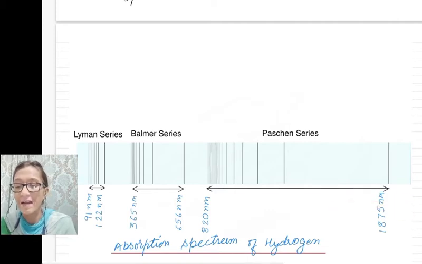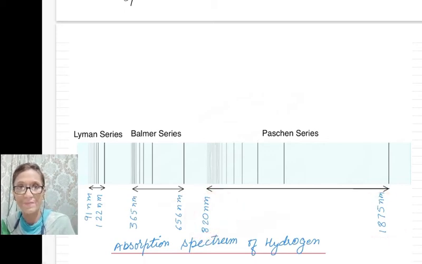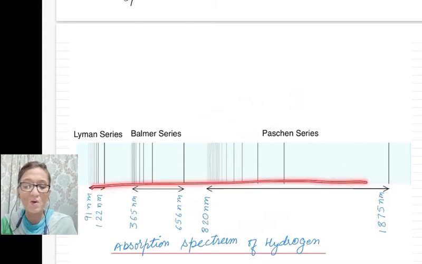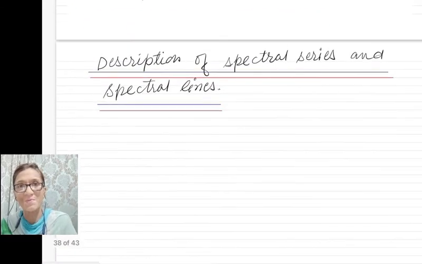Here on the right hand side you have one more series, Brackett, then you have Pfund series. All these fall in infrared radiations because of their large wavelength. So this is your absorption spectrum because it has dark spectral lines on bright background.